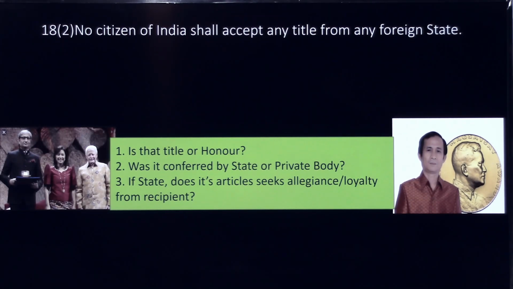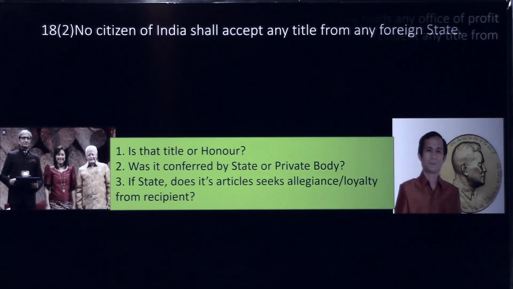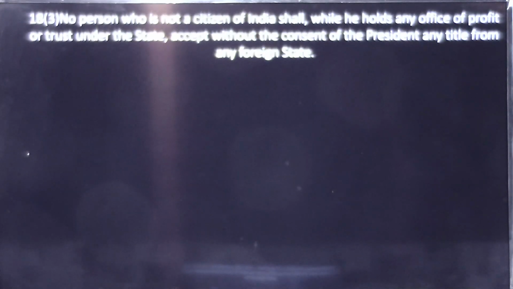The third criterion is that even if it has been awarded by a state, if the articles of association belonging to a particular award seek any kind of loyalty or allegiance from the recipient, that is the Indian citizen, then that citizen would be denied from accepting such an honor. That was not the case with Ravish Kumar, and that is why he was able to receive such an award. I hope you have clarity on 18 clause 2 as well. Let us move to 18.3.